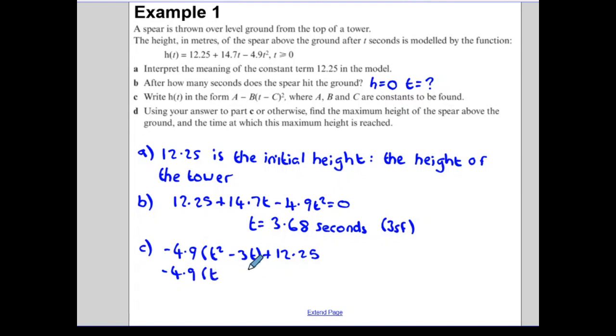Halving that term in the bracket, halving that. Squaring. So now if we square this, we get 9 over 4 times by this, and we get negative 441 over 40. So we need to add 441 over 40 and 12.25.